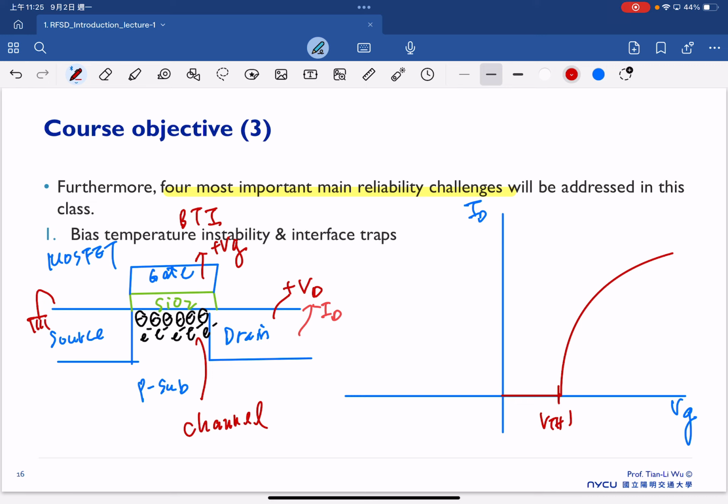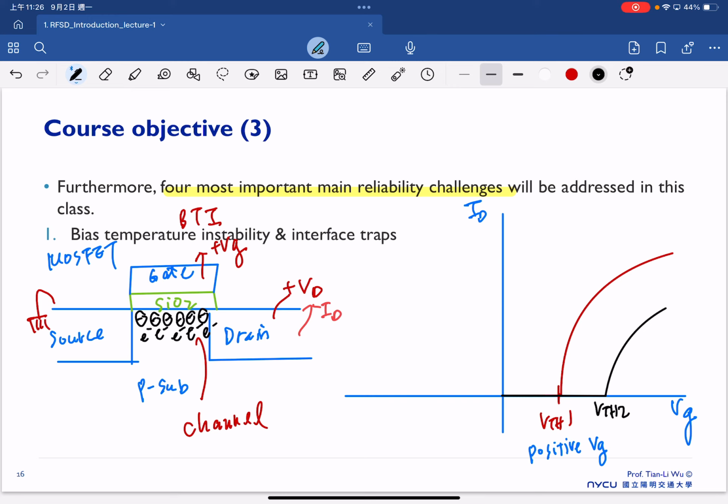Then once we apply a positive bias for a while, we often see the curve change, like this. So we get a new threshold voltage, but the threshold voltage becomes larger, and the current is also degraded.